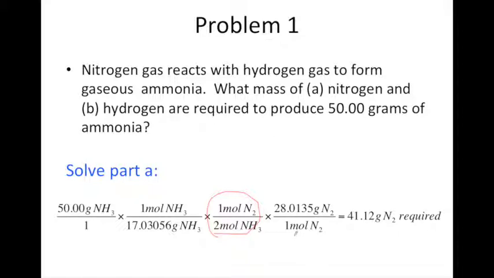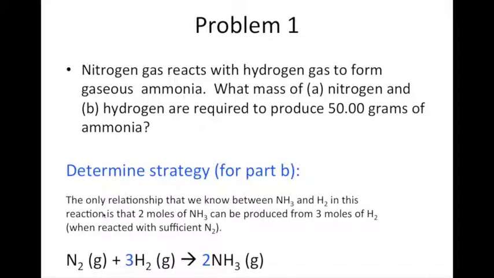Then I can convert moles of nitrogen required to grams of nitrogen using the molar mass of nitrogen. Here we have 41.12 grams of nitrogen required. As always, be sure your answers are expressed to the correct number of significant figures and you have units. 41.12 grams of nitrogen are required to produce 50 grams of ammonia.